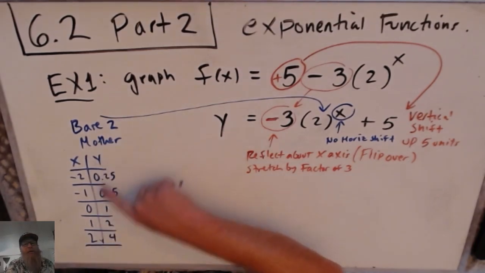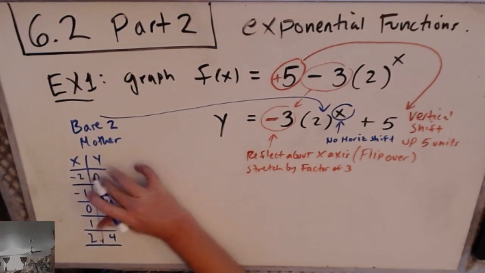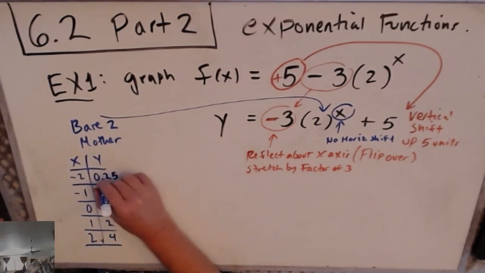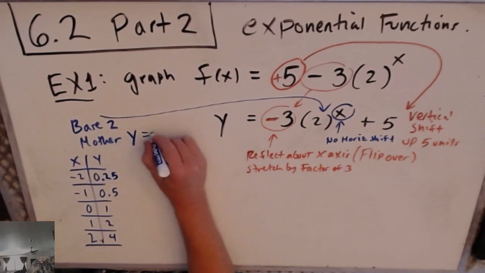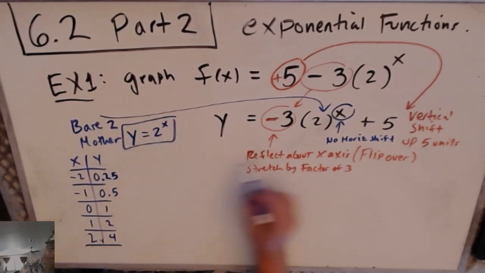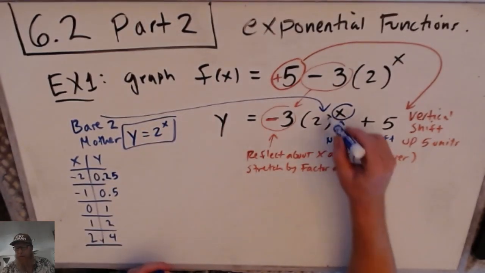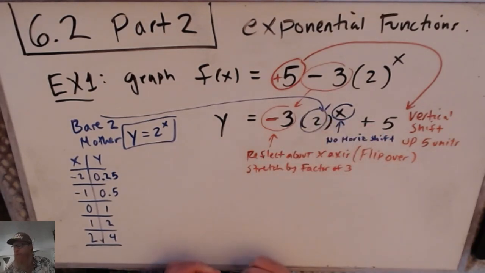I'm not going to redo all of these. These are the same x and y values from y equals 2 to the x; you look at the base to decide what mother function you're doing.